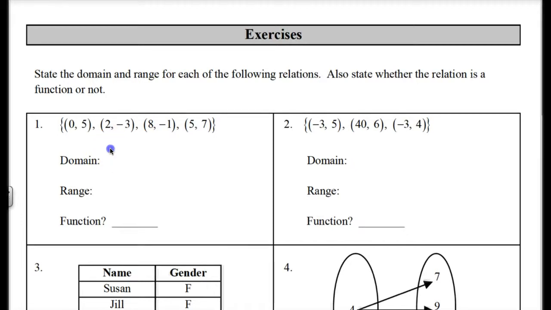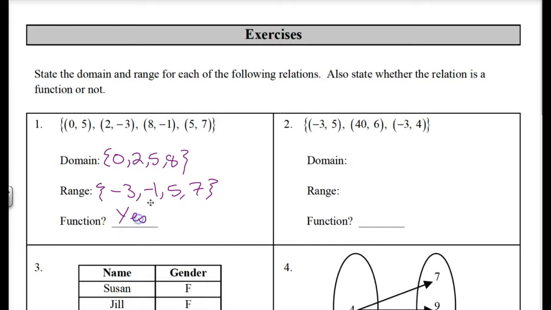So the domain is the set 0, 2, 5, 8, and I'm just putting it in order. That way if we're looking, we all get the same numbers. And the range takes a little more looking around: -3, -1, 5, 7. Now these have to be written in set notation because we can't just say x is or whatever.